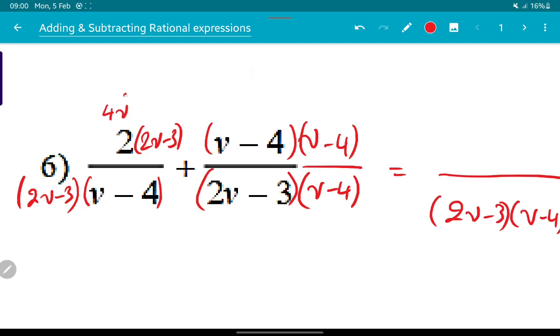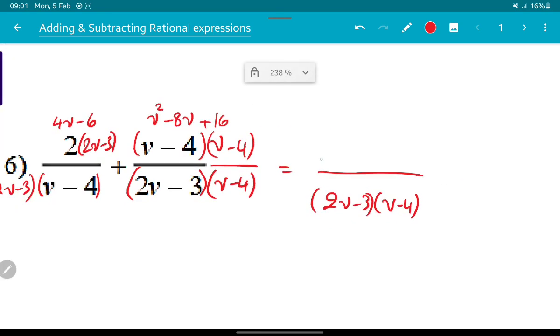This is 4v minus 6, and when we expand this, it will be v squared, then minus 4v, then minus 4v again, so it's minus 8v, then plus 16.